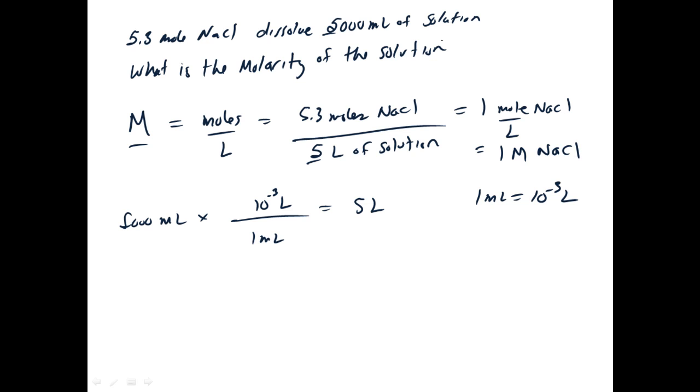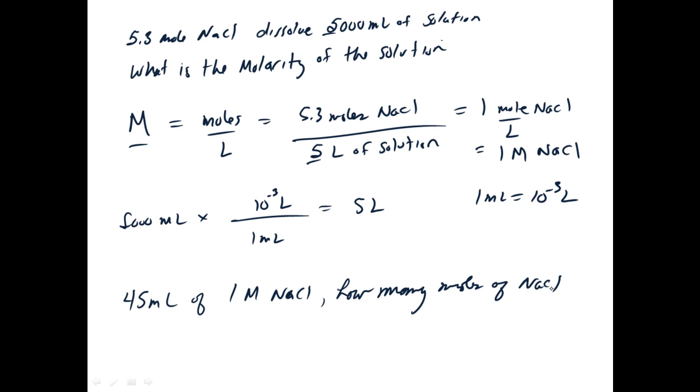So you may be going, well, what good is that? What do I need to know that for? Well, if somebody says I have 45 milliliters of 1 molar NaCl, you can tell me how many moles of NaCl you have. You go, well, how do you do that?